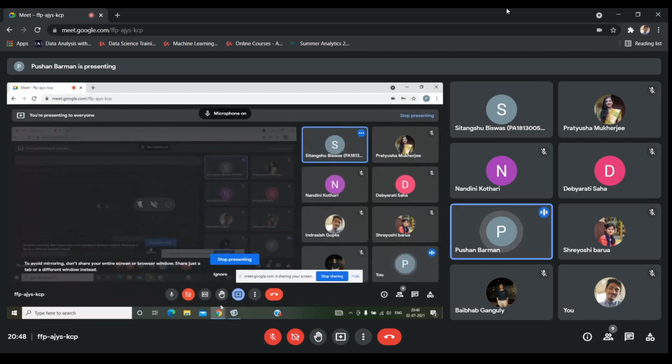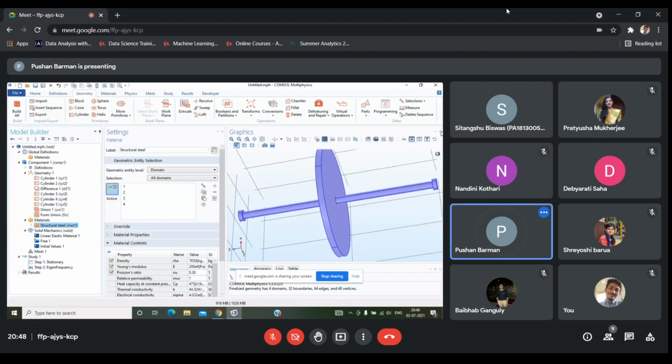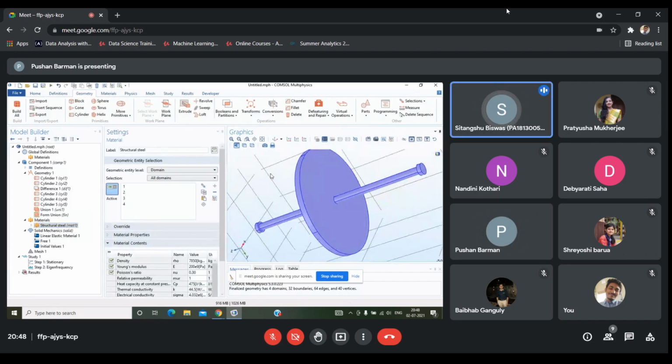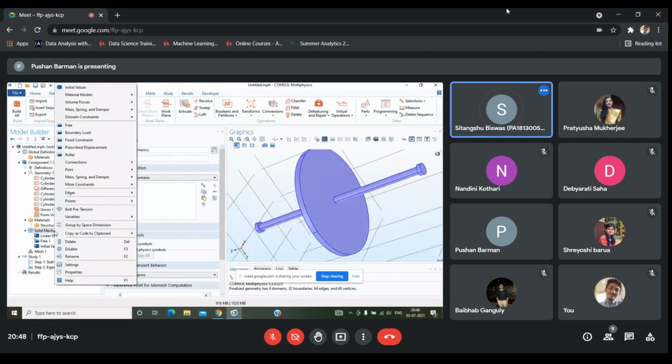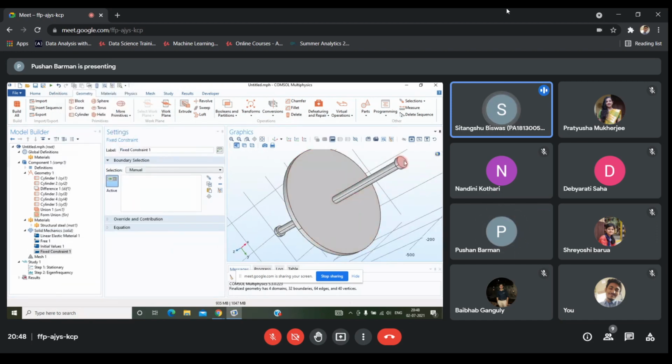It's a structural steel. Okay, now you give some fixed constraint on the bearing. Fixed constraint in the bearing.